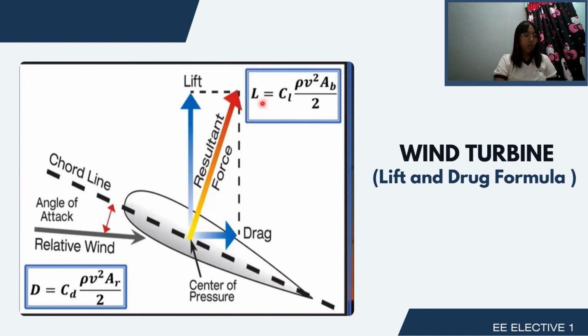CD means coefficient of drag, P stands for wind density, and V squared stands for velocity of the wind. Then AR stands for reference area. So note, when it comes to the computation of drag force, the reference area is the frontal of the blade which is being struck by the wind. So kukunin po dyan yung frontal ng blade na tinatamaan ng hangin.